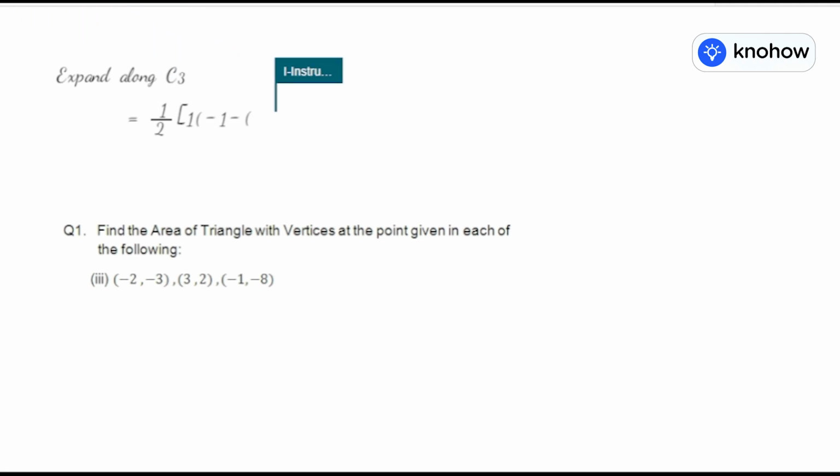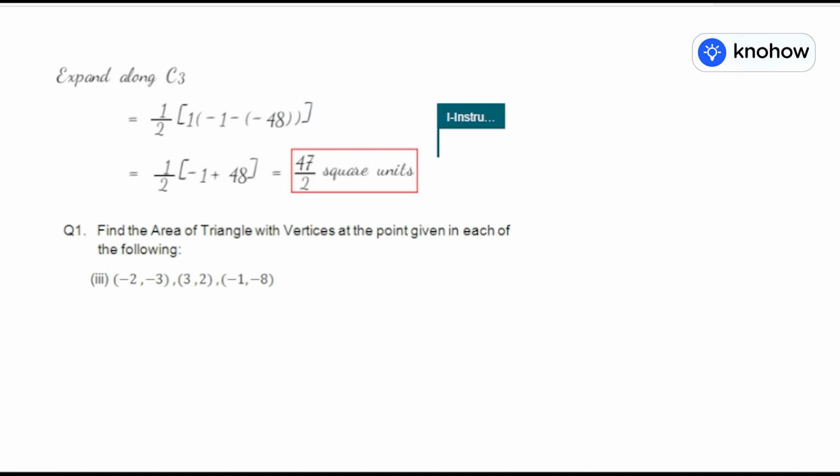So it will be plus 48 there. So you get half times, you know, minus 1 plus 48, that is 47 by 2. So 47 by 2 squared units is the required area.